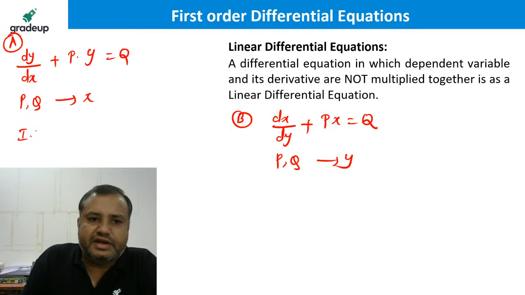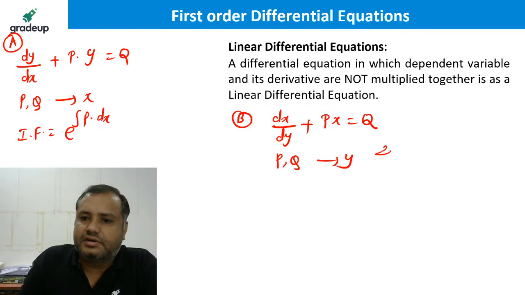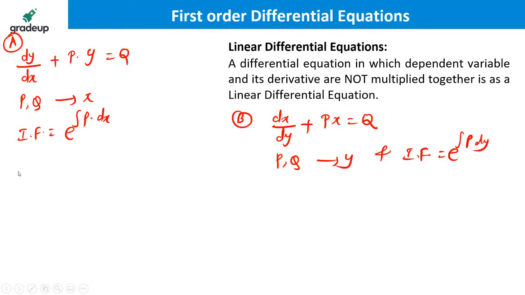Then we have to find the integrating factor. E to the power integration p. P is function of x, so dx. Integrating factor here will be e to the power integration of p, but p is function of y, so dy. Now the solution of this equation: dependent variable into integrating factor equals integration of q into IF dx plus c.